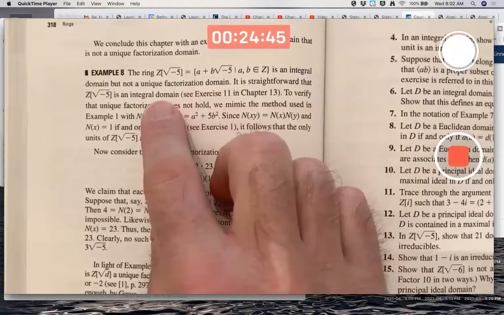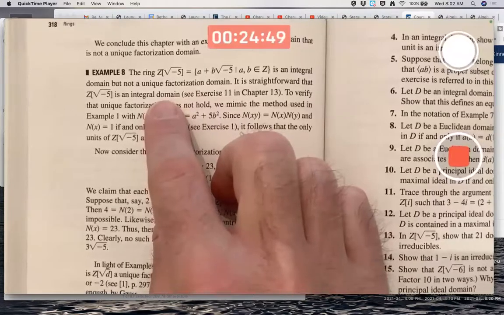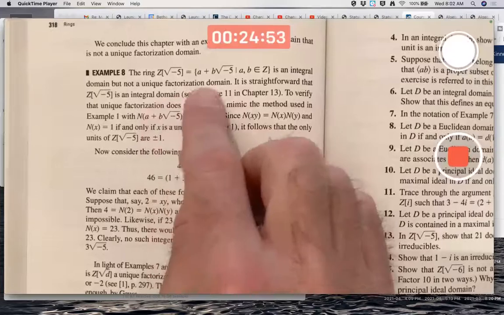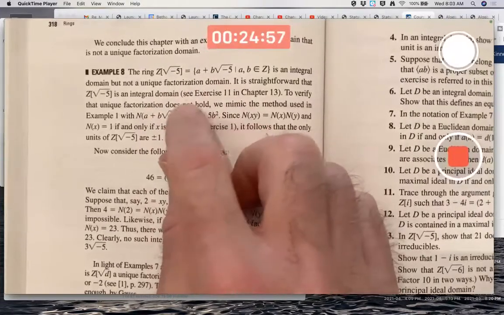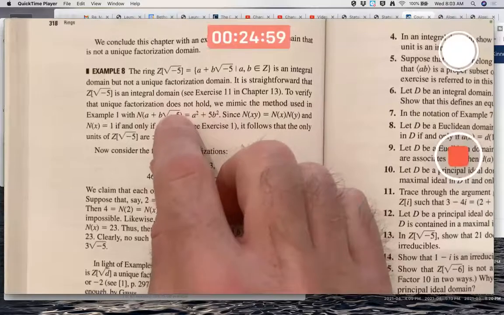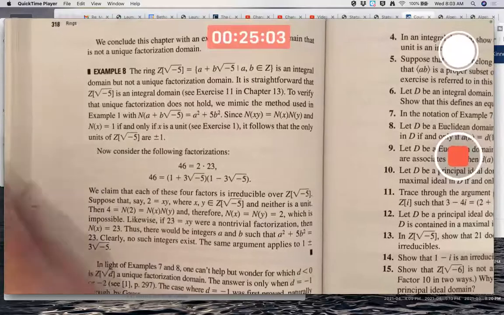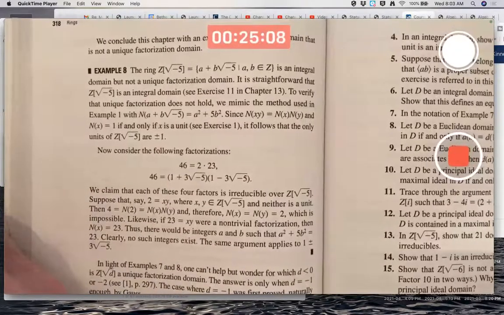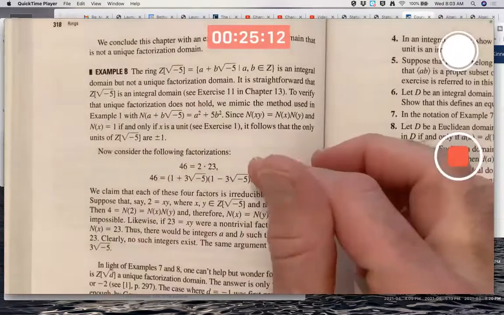First of all, they say it's straightforward to verify it's an integral domain. It would not have any zero divisors. Its unity would be the number 1 when a is 1 and b is 0. To verify unique factorization does not hold, you've got to come up with an example that's got two distinct factorizations in terms of irreducibles, where the irreducibles are not associates of each other.